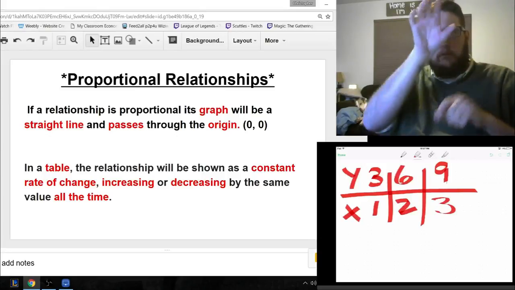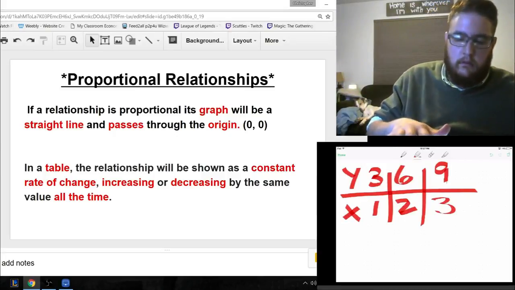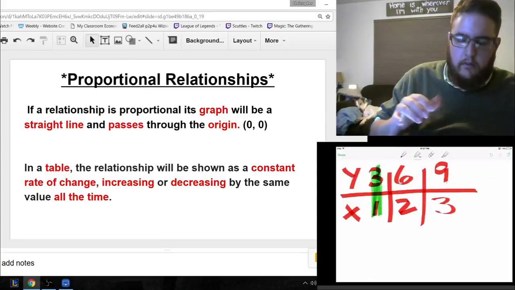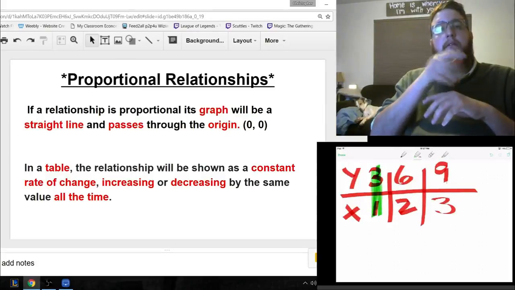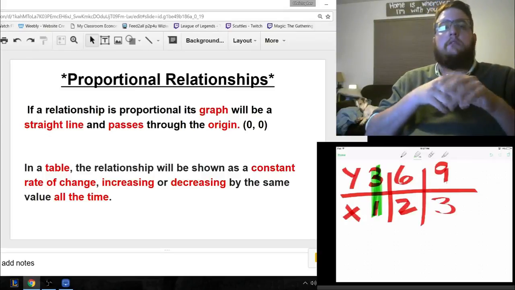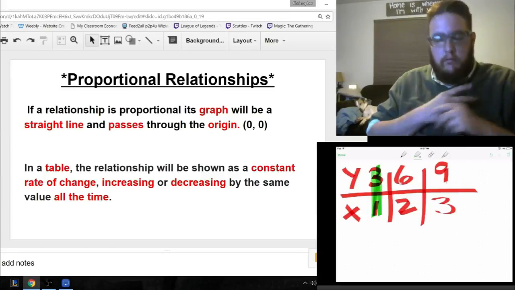In order to determine whether or not it's a proportional relationship, we must determine the rate of change for each one of these sets. And by determining the rate of change for each one of the sets, if they are the same, then we can determine that it is a constant rate of change, which qualifies the table to be proportional.